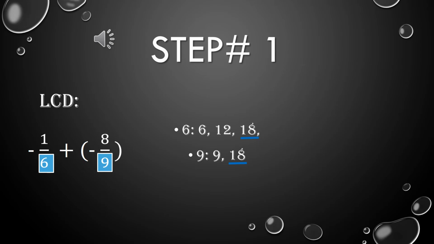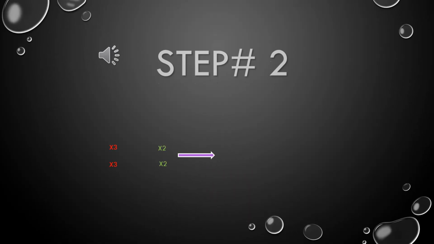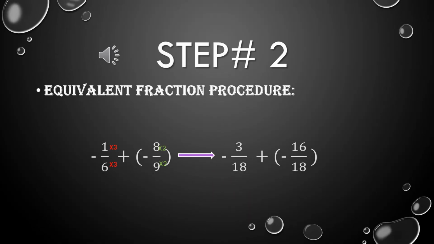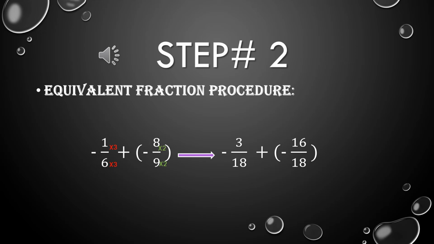And 9 times 1, 9; and 9 times 2, 18. Remember that the LCD will be the first number between the two lists that they have in common. If you see, your new denominators will be 18.